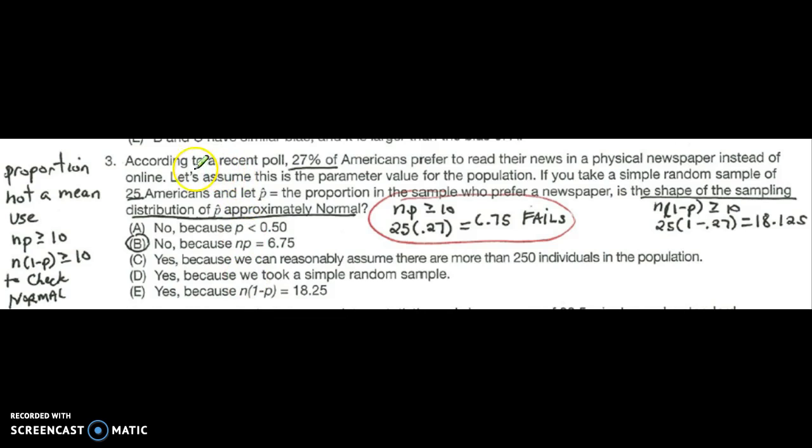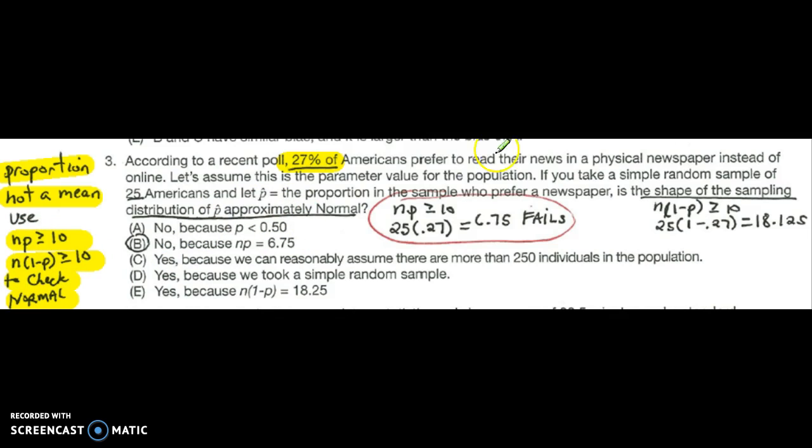In problem number 3, a recent poll shows 27% of Americans like to read the newspaper instead of reading it online. So it says 27%, so I know right away this is a proportion, not a mean. To figure out if it's normal, I'm going to check that NP and NQ are greater than or equal to 10.